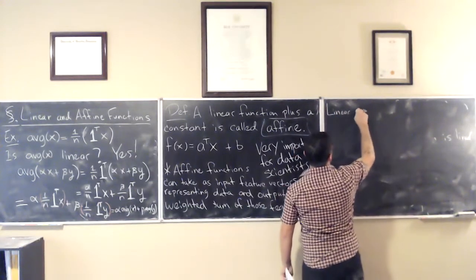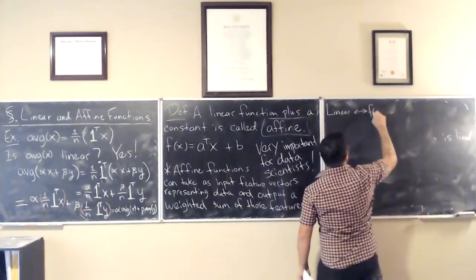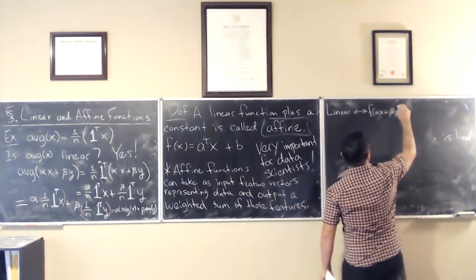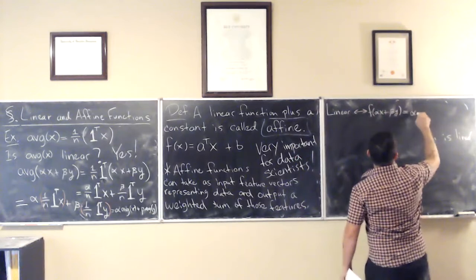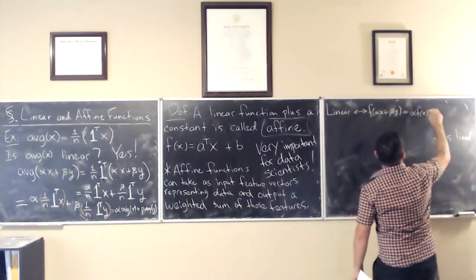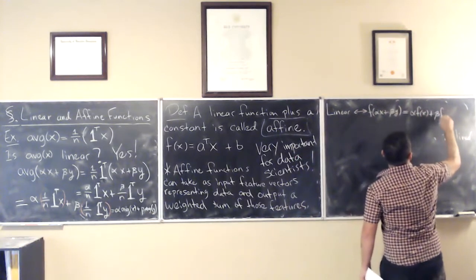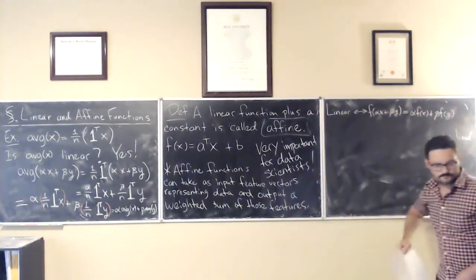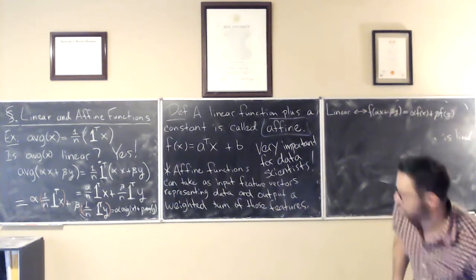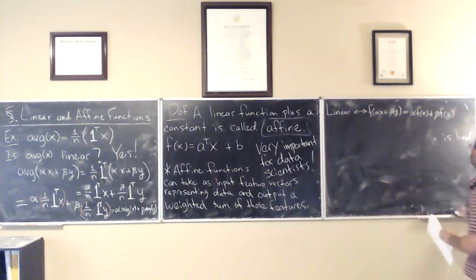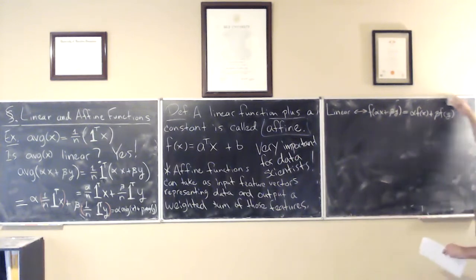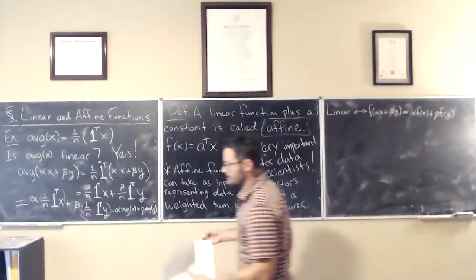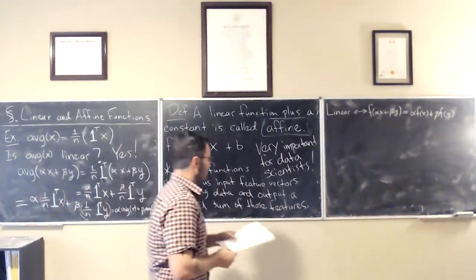Linear means that f of alpha times x plus beta times y is equal to alpha times f of x plus beta times f of y. Right, that's what it means to be linear. Okay. So, are affine functions linear? Not all the time. Not all the time.